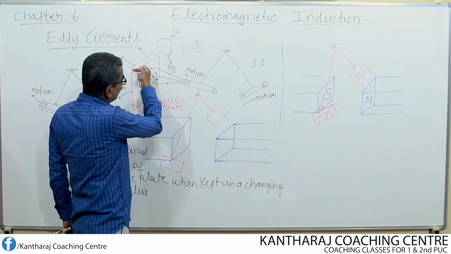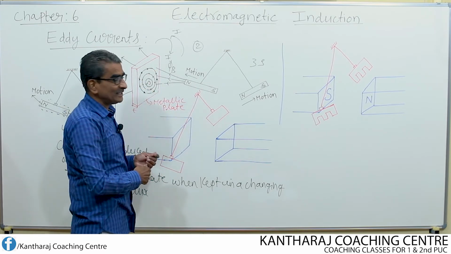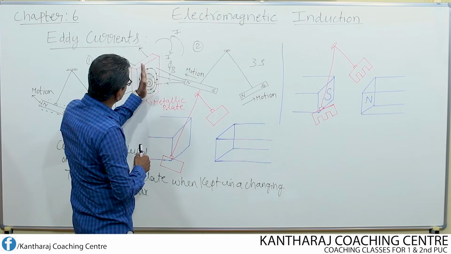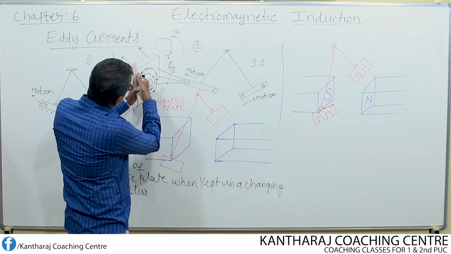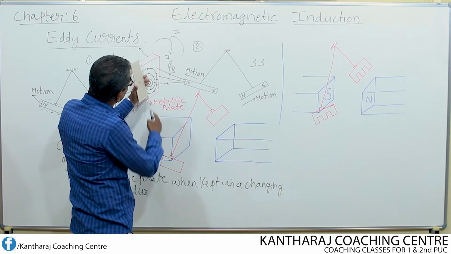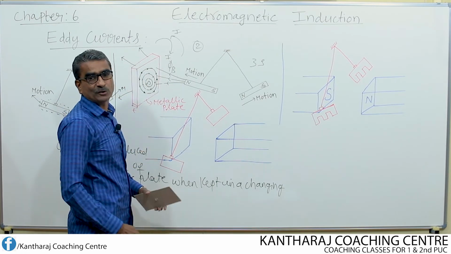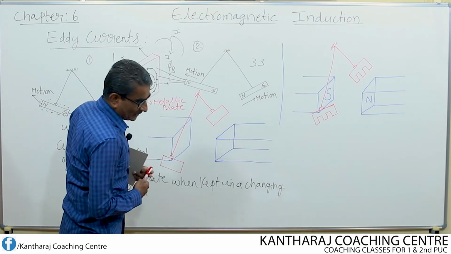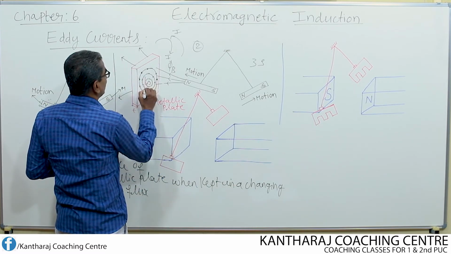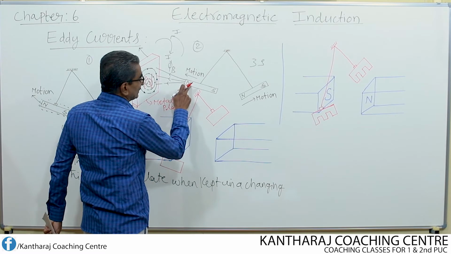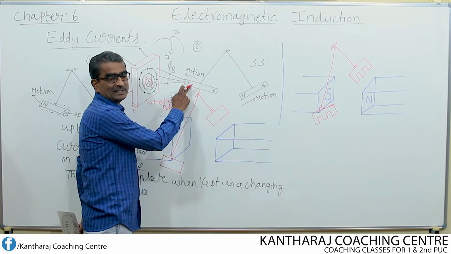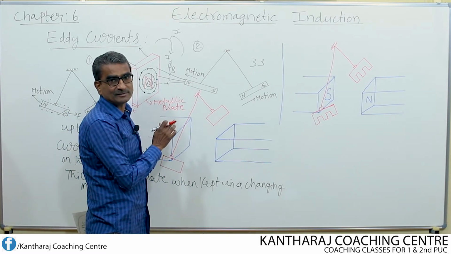When the north pole moves towards the plate, then on this side of the plate a north pole itself is produced. Look here, north pole itself is produced. So this north pole is going to repel the north pole of the oscillating magnet. That's the meaning of opposition.